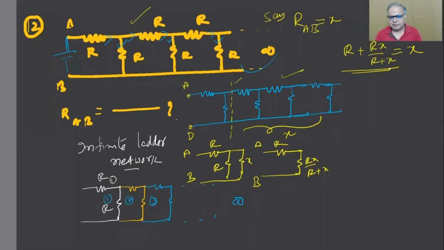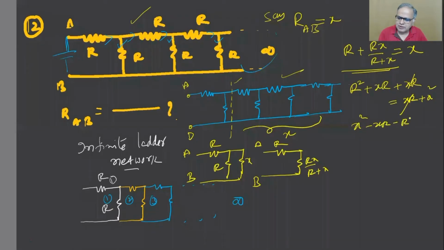That's not important, only if you want, you can check for 2 units added to the infinite X. So what will happen here? This will be R square plus xR plus xR is equal to xR plus x square. So when xR goes away, what do I get? X square minus xR minus R square equals 0.